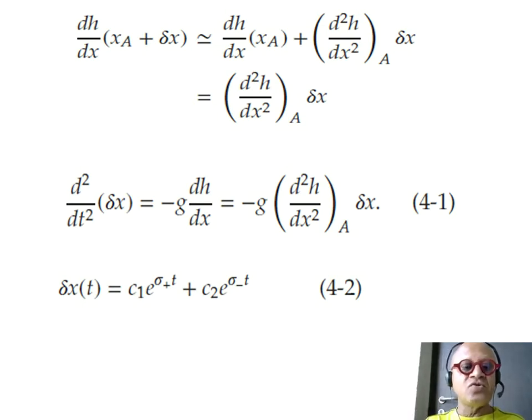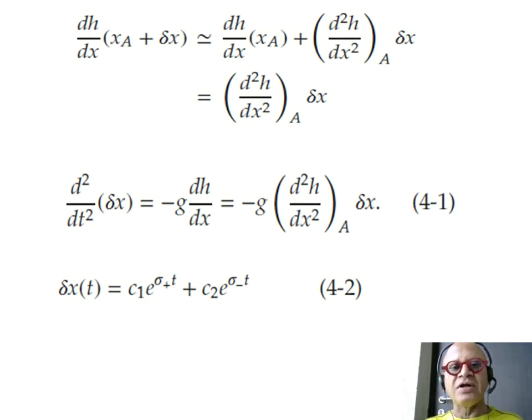Okay, so you can then solve this fairly simple equation for its motion. Delta x with time is going to be c1 e to the sigma plus t, plus c2 e to the sigma minus t. It's a simple solution for this differential equation.